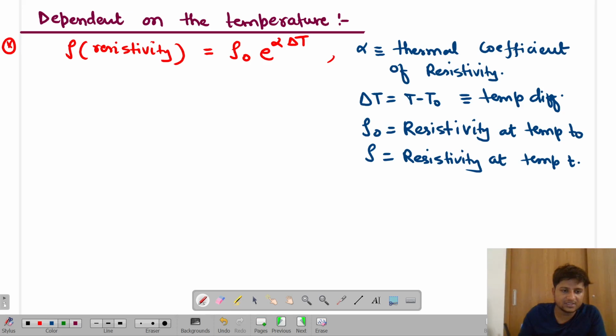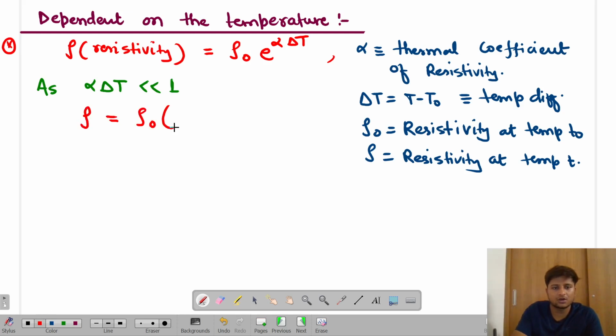Now the point is very simple: alpha is very, very small and delta T is also very small. Alpha is almost 10 to the power of minus 5 or something like that, so basically they are very much smaller than 1. So this is why the resistivity formula is given as rho is equal to rho naught (1 plus alpha delta T).